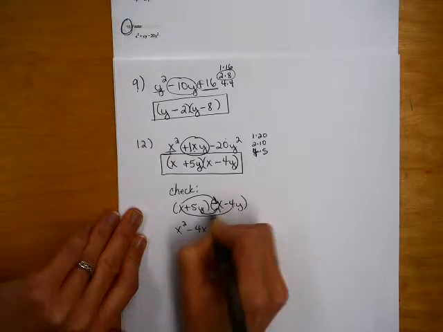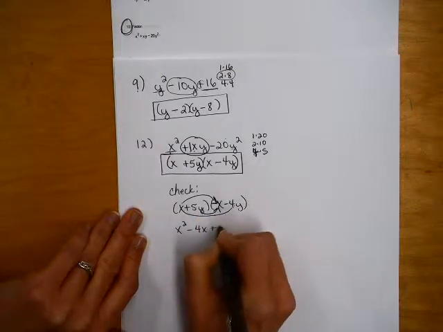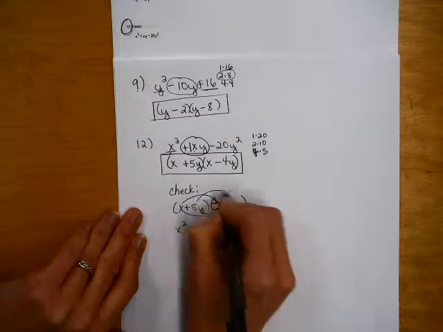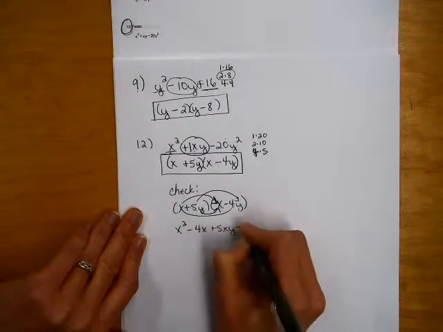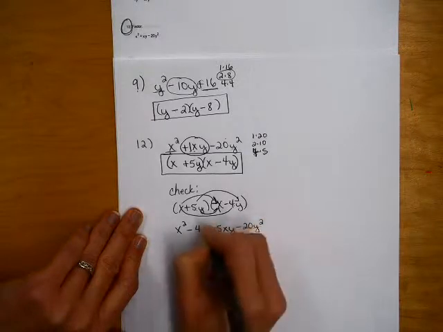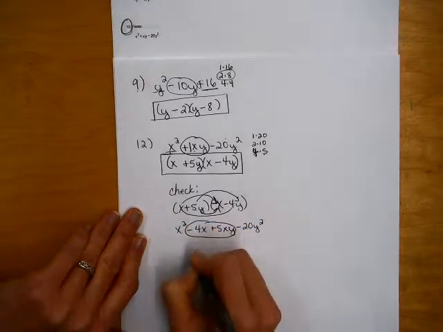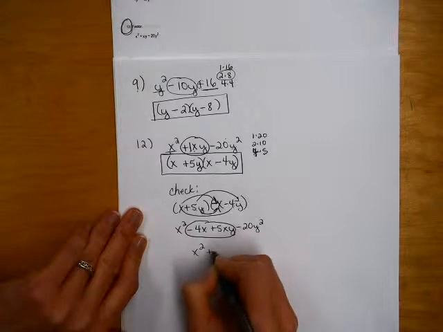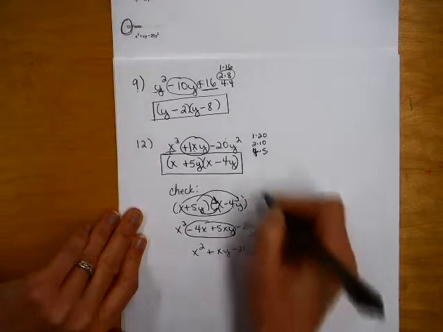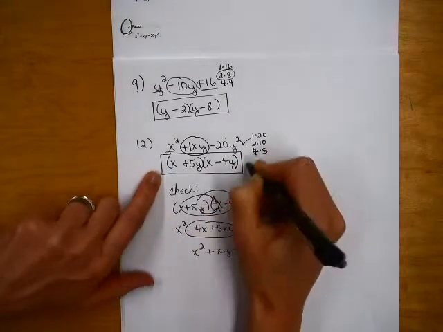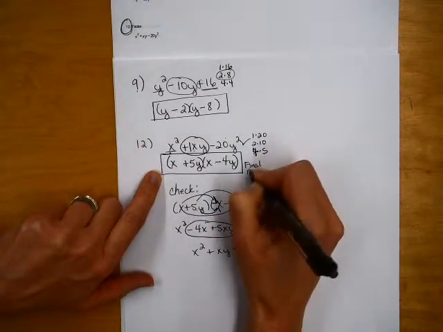Inner times inner, 5y times x is plus 5xy. And last times last, positive 5y times negative 4y would be negative 20y squared. And when I combine these two middle terms, I get positive 1xy minus 20y squared. So I know it checks, so this would be the correct final answer.